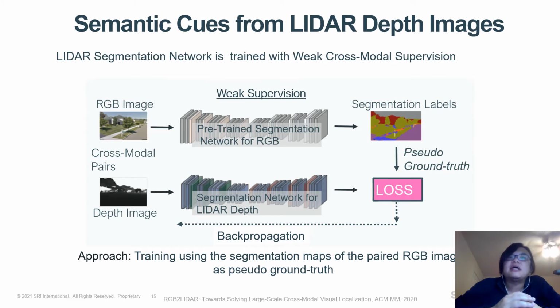The idea is that by using the pairs of RGB images and LIDAR depth maps, we can use the semantic segmentation results from the ground RGB image as the pseudo ground truth to train the LIDAR depth map semantic segmentation network. This process helps to train the network for depth map semantic segmentation.